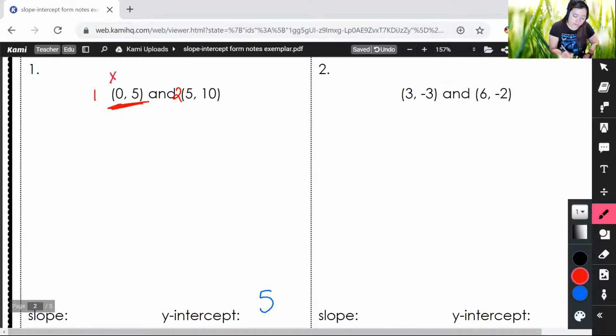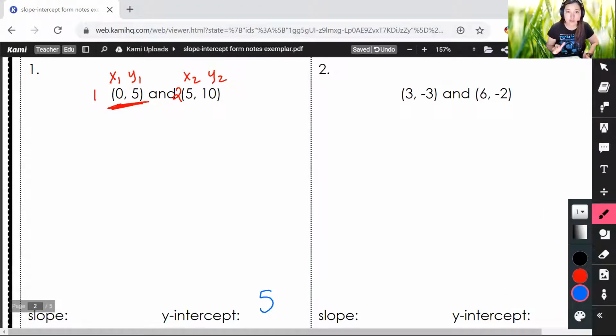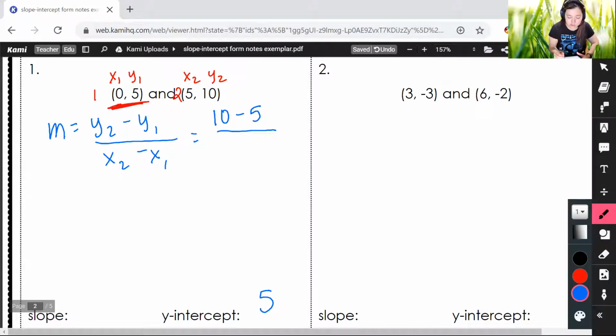And then we're just going to label x1, y1, x2, y2, right? And then the rest of this part is exactly the same. We're going to use this formula, m equals y2 minus y1 divided by x2 minus x1. y2 is 10, y1 is 5, x2 is 5, x1 is 0. 10 minus 5 is 5. 5 minus 0 is 5.